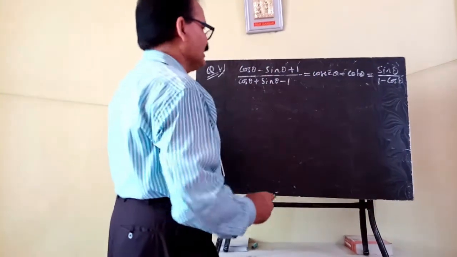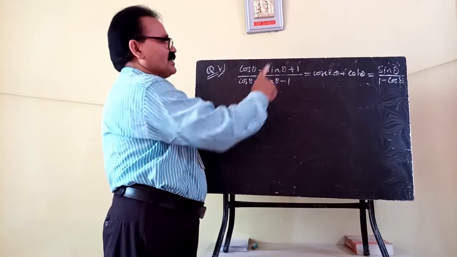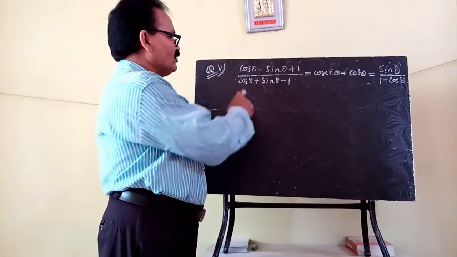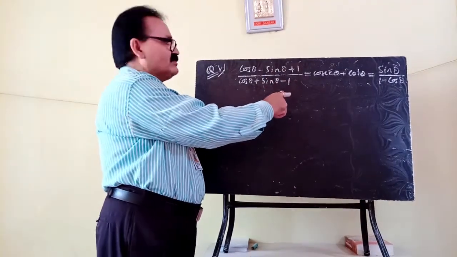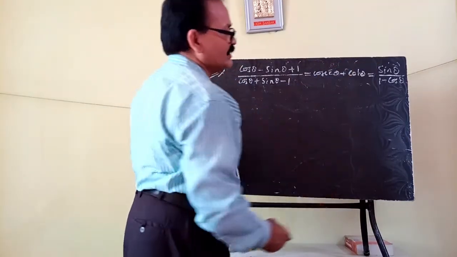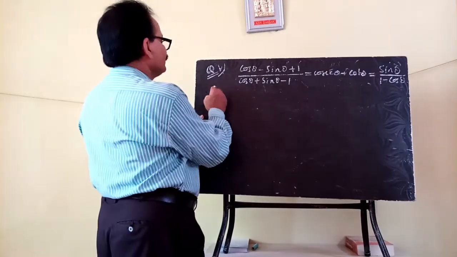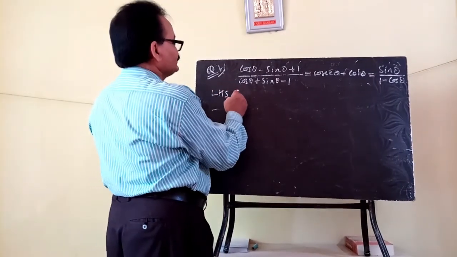You see, in this case your LHS is (cos theta minus sin theta plus 1) divided by (cos theta plus sin theta minus 1), which should equal cosec theta plus cot theta, which is further equal to sin theta by 1 minus cos theta. So you have to start again with your LHS.